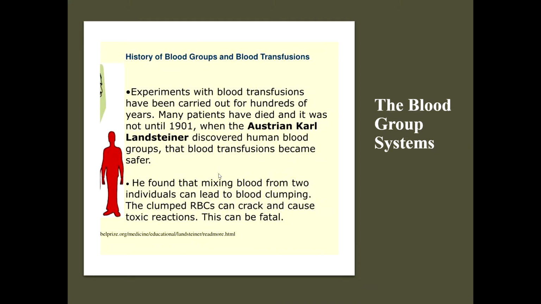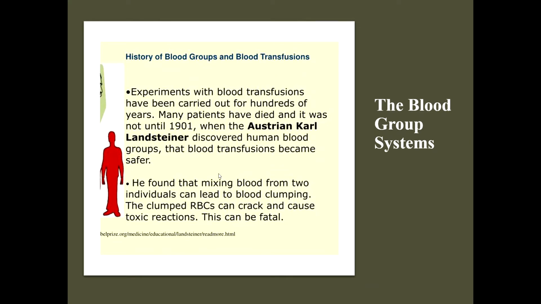And when it didn't work, those people actually ended up dying because their blood clumped or agglutinated. And when they did autopsies, they would find that these people who died from that blood transfusion had blood that looked almost like jello. So there were lots of experiments done before they finally figured out what was going on.